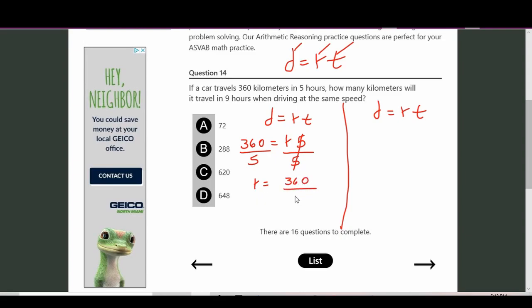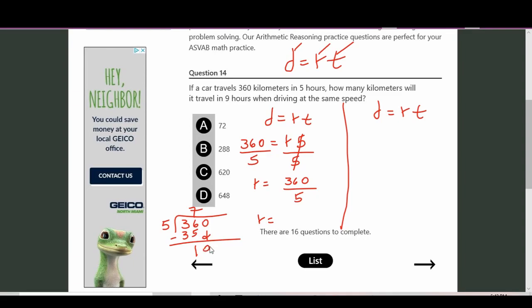360 divided by 5. And again, we can regard all fractions as long division. This is 360 divided by 5. 5 goes into 36 7 times without going over. 5 times 7 is 35. 36 minus 35 is 1.